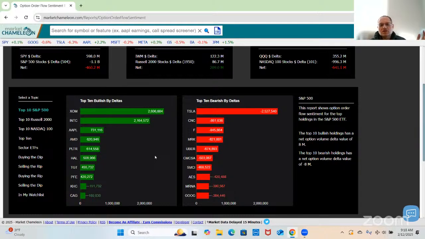You got Exxon showing up as bullish, 2.6 million. Tesla, delta's negative 2.5 million, followed by Intel, and then they start dropping off quickly, so you could see how they appear relative to each other.